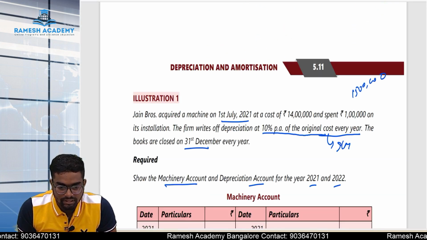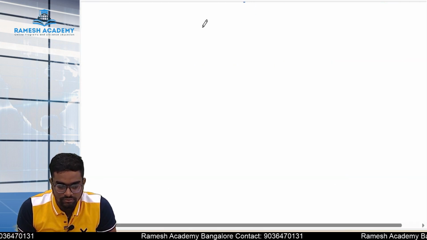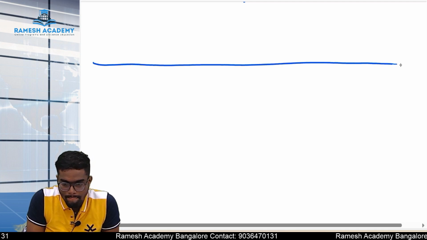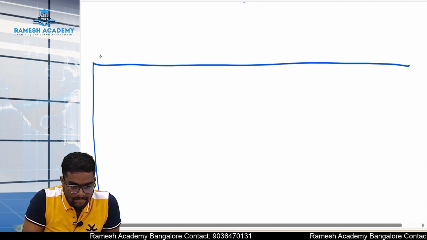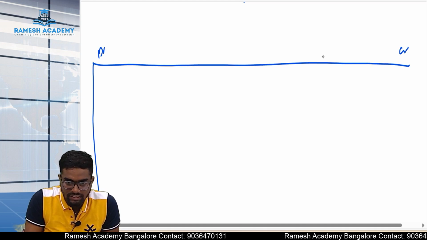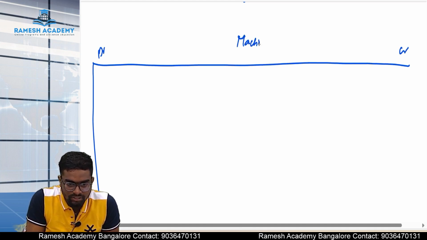So we have to prepare machinery account and depreciation account. So ledger debit, credit, machinery account.